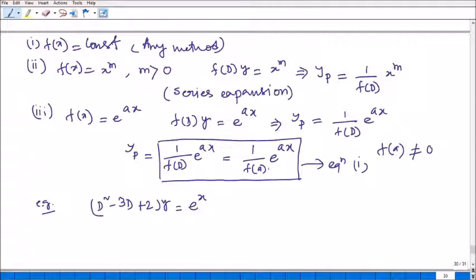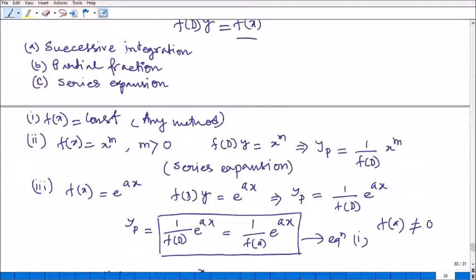Then we have to use the convenient techniques, which are the successive integration or partial fraction method. So for this type of function, you can use the successive integration or partial fraction method to solve this non-homogeneous differential equation if f of a is equal to 0.